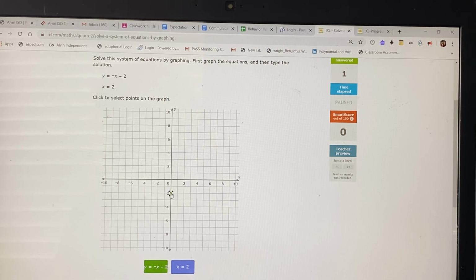So we're going to start at this negative 2 for the y-intercept, and we're going to use our slope. We're going to use our rise over run. Our rise over run is negative 1 over 1. So we're going to go down 1.